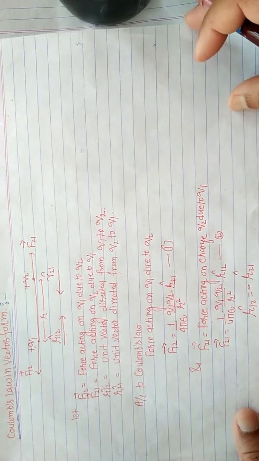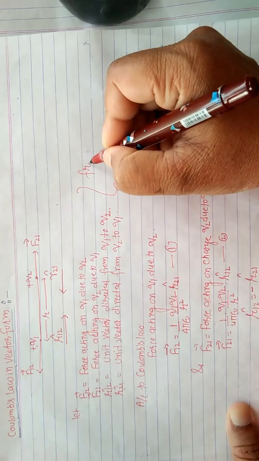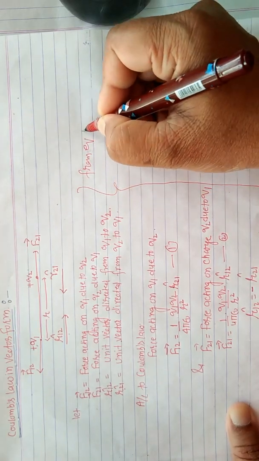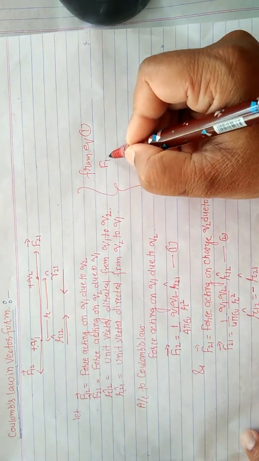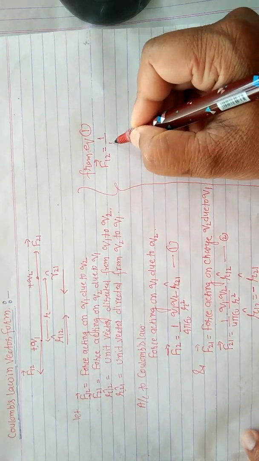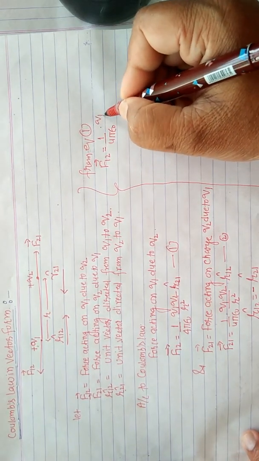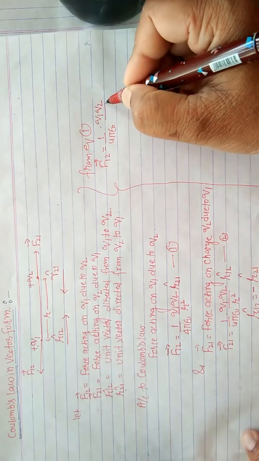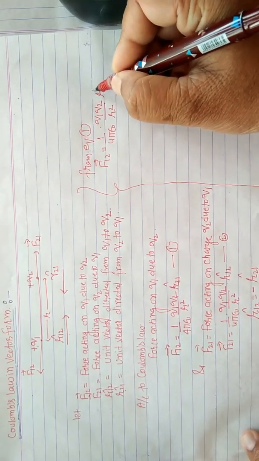Now from equation number 1, F12 is equal to 1 upon 4 pi epsilon naught Q1 Q2 upon R square R21 cap.